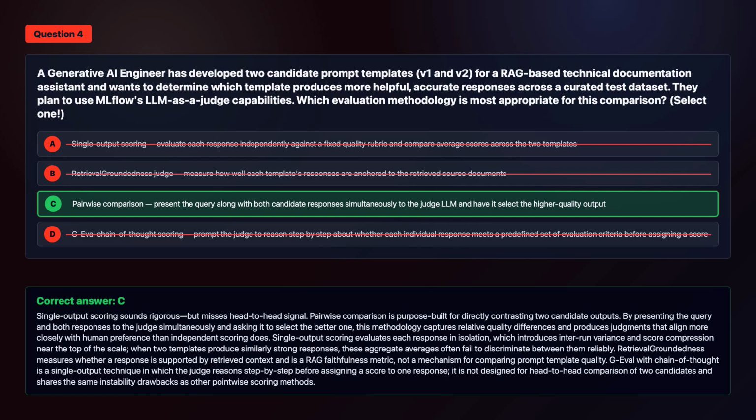GEval with chain of thought is a single output technique in which the judge reasons step by step before assigning a score to one response. It is not designed for head-to-head comparison of two candidates and shares the same instability drawbacks as other pointwise scoring methods.